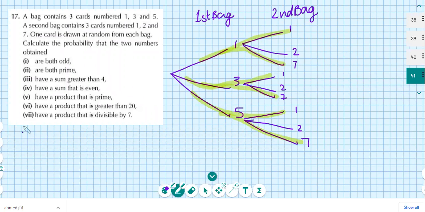So for the first part, the probability will be 6 branches out of a total of 9 branches. So the reduced answer will be 2 by 3.